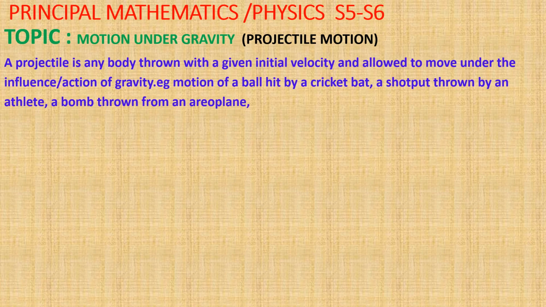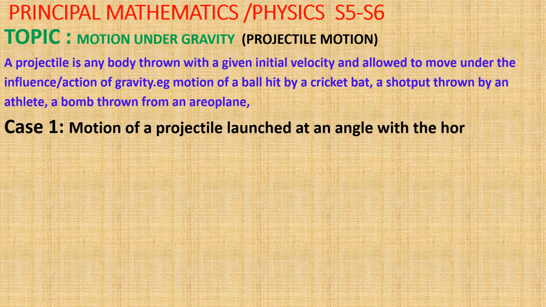For that case also, from the horizontal ground, we can still resolve the components of the initial velocity given to that particle. We can also talk of a situation where a particle is projected from a certain cliff of a given height, launched horizontally, and then allowed to hit the ground.